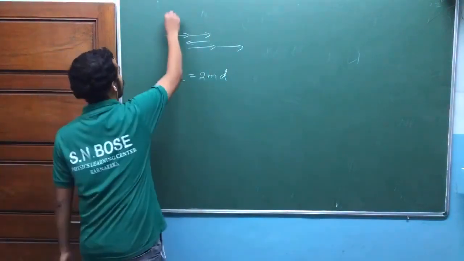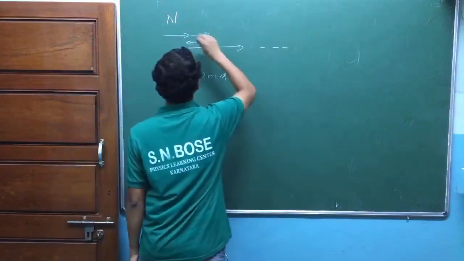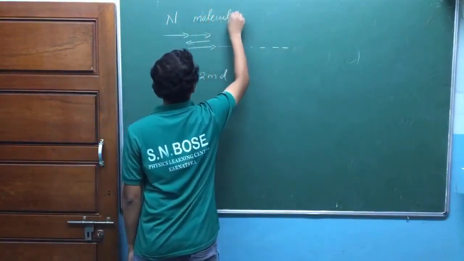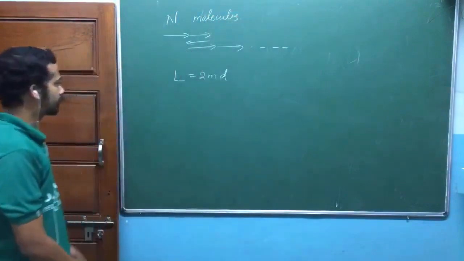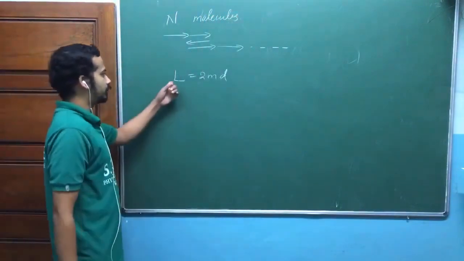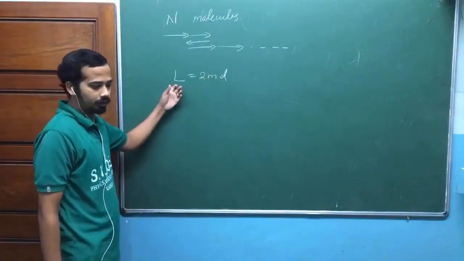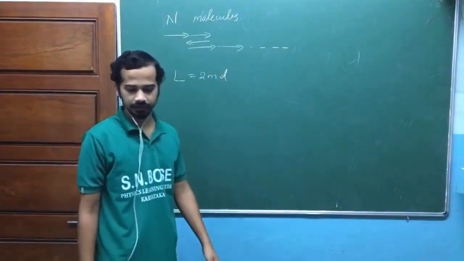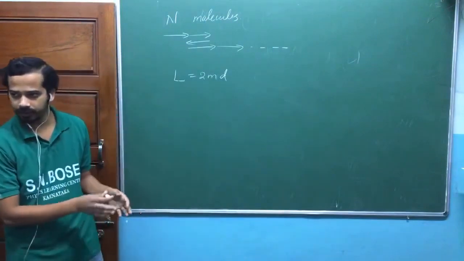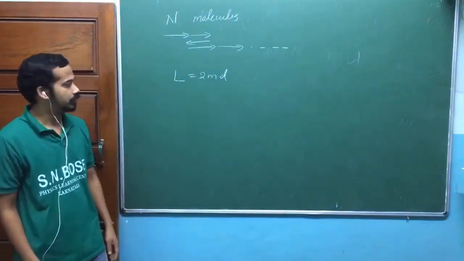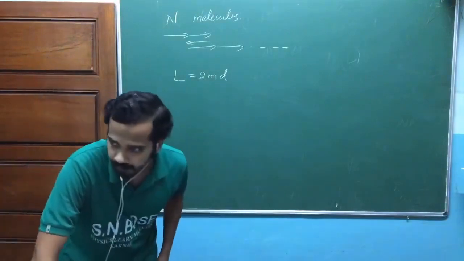You have n links, n molecules like that. To get this total length, L equal to 2md, how many possible ways are there to arrange those molecules?